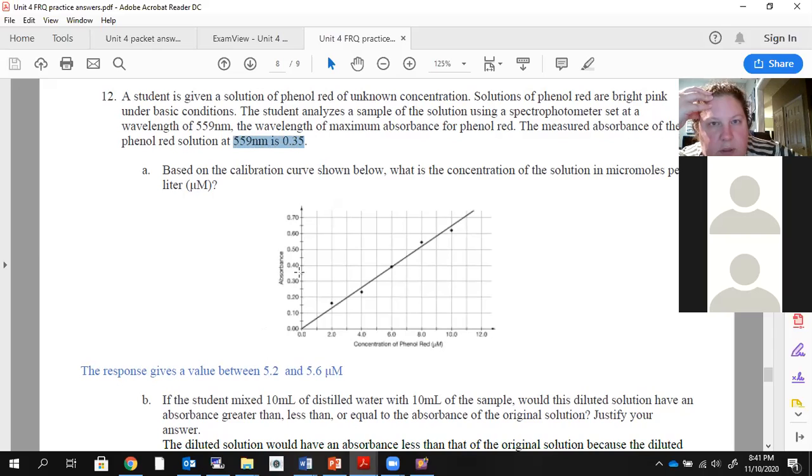It should be right around here. I can follow that across my graph and follow it down to what concentration it should match up with. So it should be somewhere less or right around, I would say, 5.5. Okay. Yeah, I just overthought that.